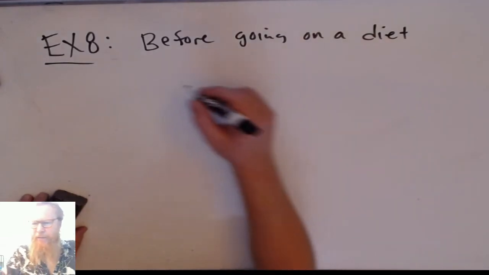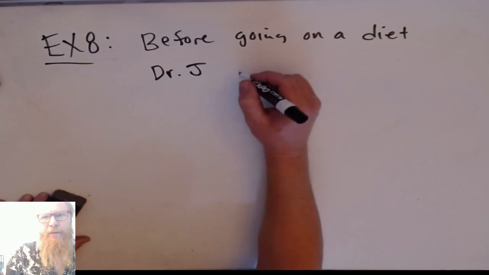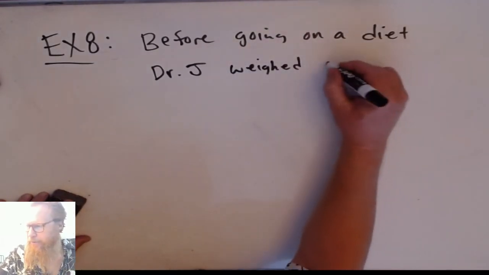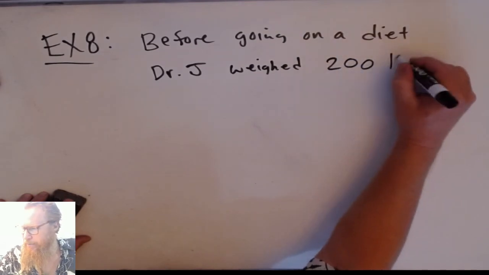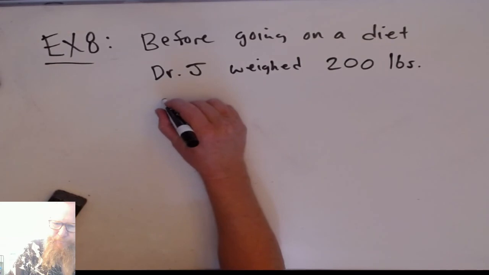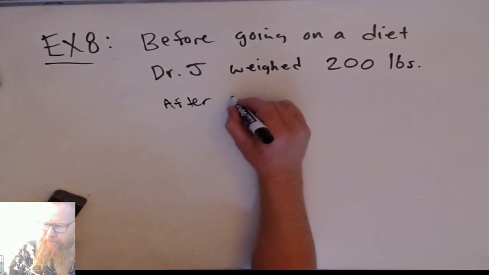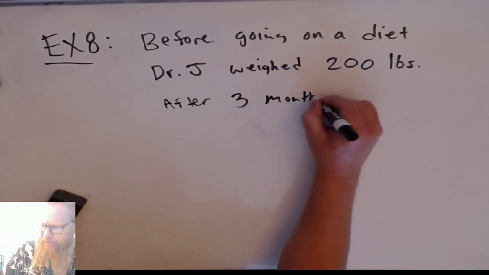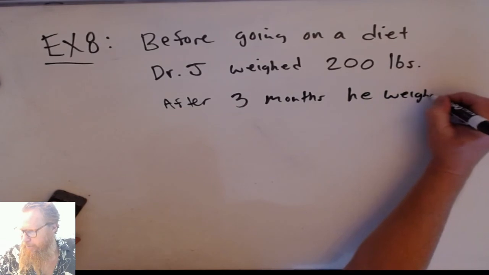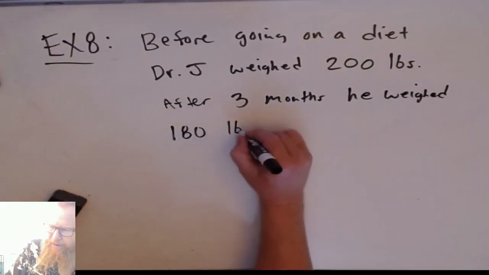Before going on a diet, Dr. Jordan weighed 200 pounds. After 3 months, I'm using myself as an example here, he weighed 180 pounds.